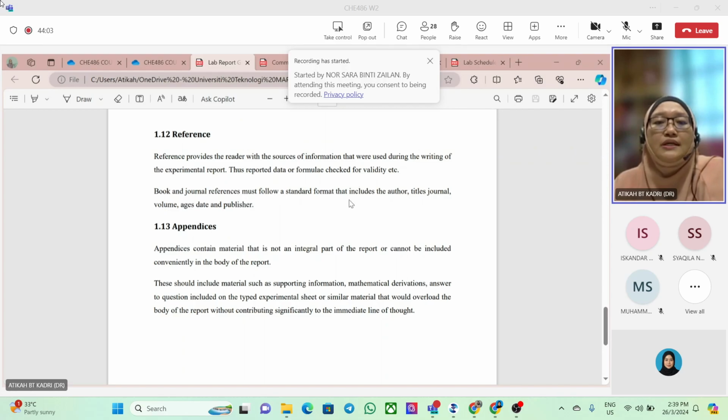Make sure that you use relevant and authentic references. For example, you can refer to books, or journals, journal articles, and so on. Make sure that you capture the reference. I'll show you how to write a reference later.